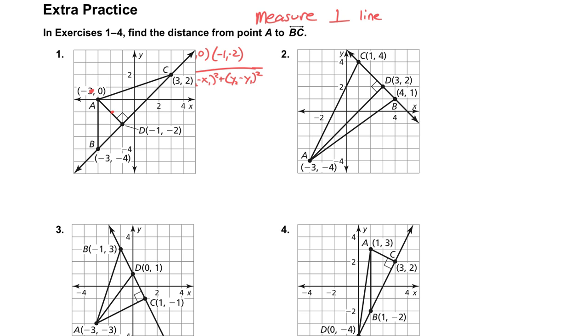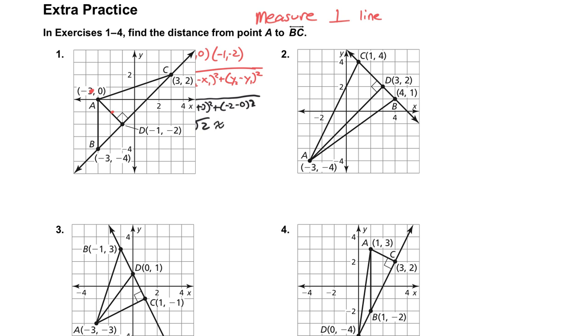So I'm going to fill in what I have for my distance formula. I'm going to have -1 minus a -3, so that's +3 squared, plus -2 minus 0 squared. That gives me 2 square roots of 2, also known as roughly 2.83.